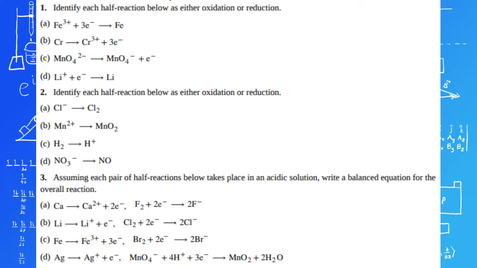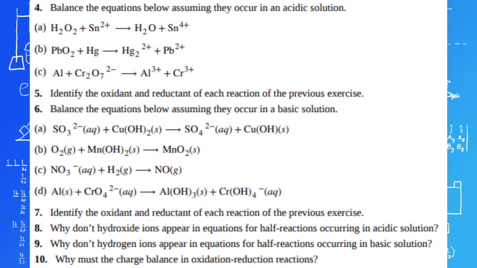Okay, here we go. Balancing in acidic solution. So let's do one that actually has oxygen in it. You know what? No, I'll skip this and we'll do one that's in basic solution because it has all the same steps as acidic solution anyway, except for the last 1 or 2 steps. Okay, moving on. 5, identify the oxidant and reductant in each reaction of the previous exercise.